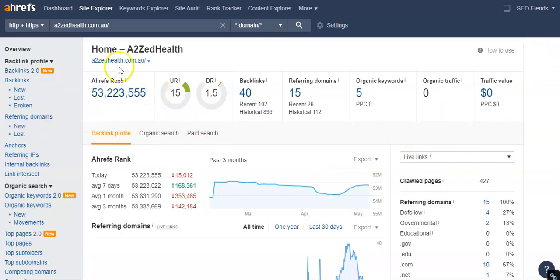This is a global rating, okay, and it's telling me that your website is ranked just over 53 million in the world. Okay, this number here is important to me. That's called a DR, which stands for domain rating. And this number is from 0 to 100. Okay, so you have 1.5. So there's definitely room where we can build on that.